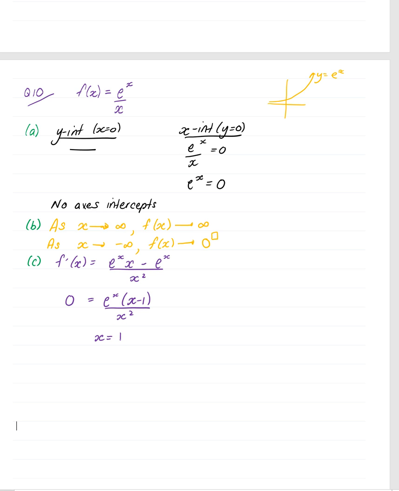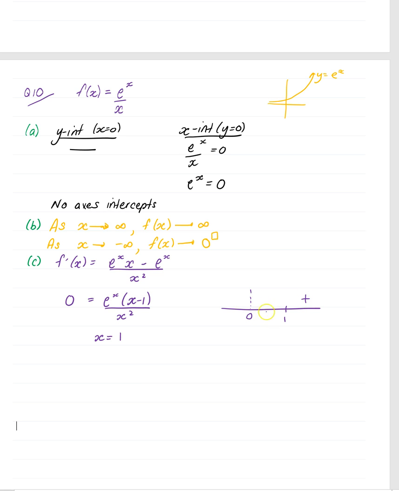Now we're classifying our stationary points. Just remember we have this vertical asymptote, so that must go on our diagram as well. So we'll pop it over here, at 0, and 1. Now pick a number greater than 1, 10: positive, positive, positive.